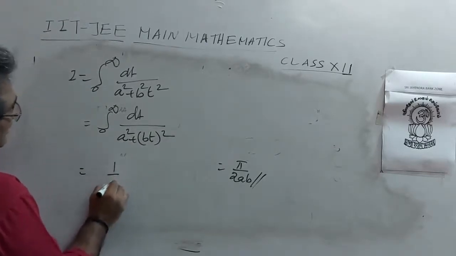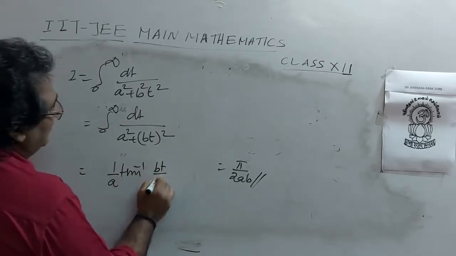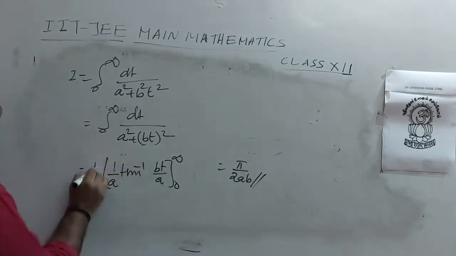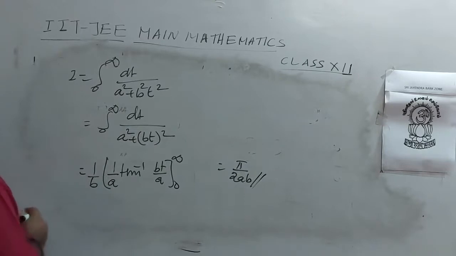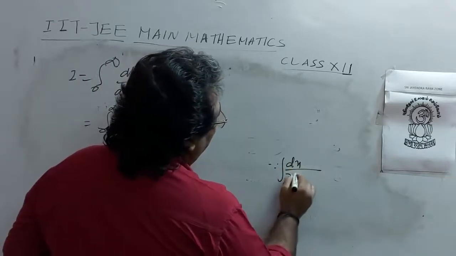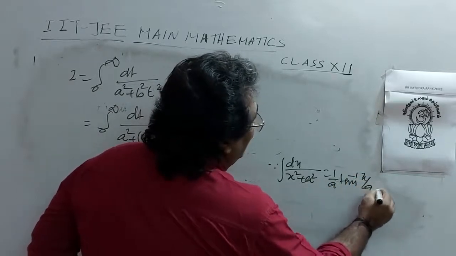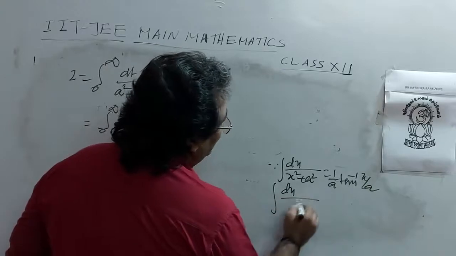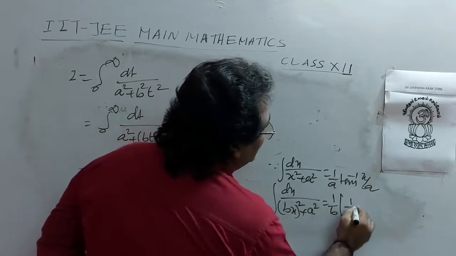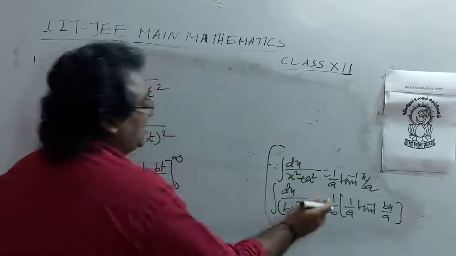Here 1 by a tan inverse of x by a, that is tan inverse of bt by a, over 0 to infinity. But we have a coefficient beside t, so just divide by b. Since dx by x square plus a squared gives 1 by a tan inverse of x by a, dx by bx whole square plus a squared gives 1 by b into 1 by a tan inverse of bx. You can remember this result.